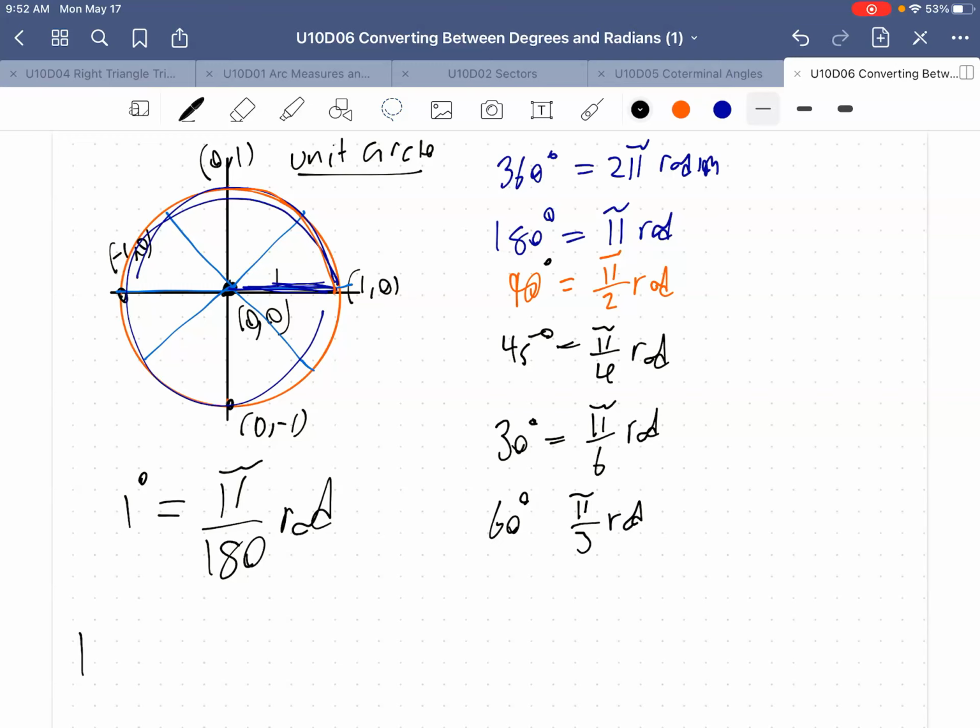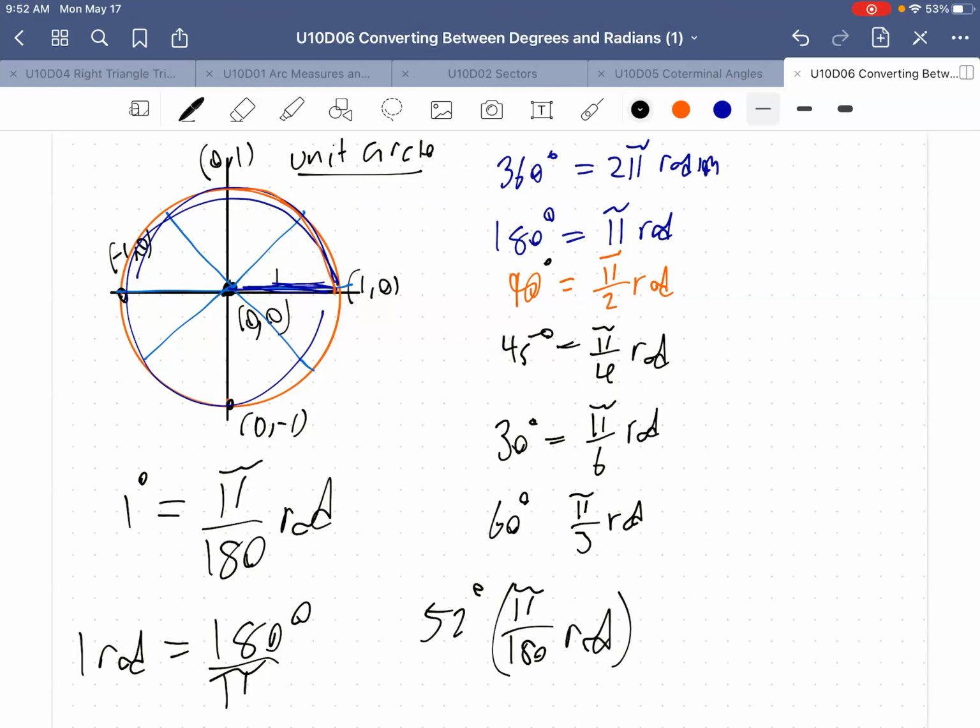If you want to convert 1 radian into degrees, you multiply by 180 over pi degrees. So that means if I had 52 degrees and I wanted to turn that into radians, I would multiply by pi over 180 radians, and then I will have an answer in radians.